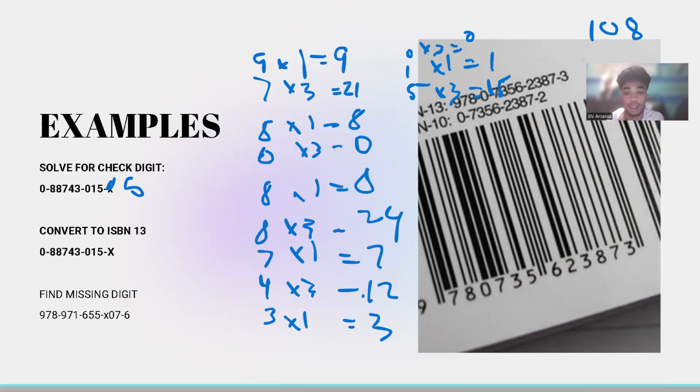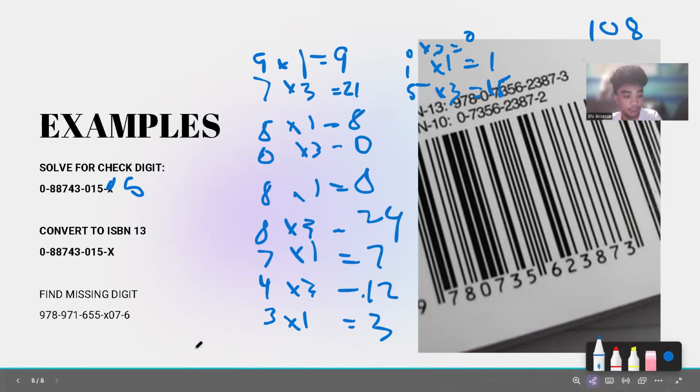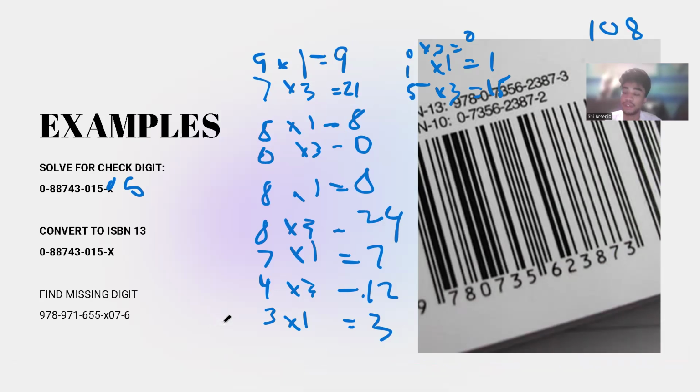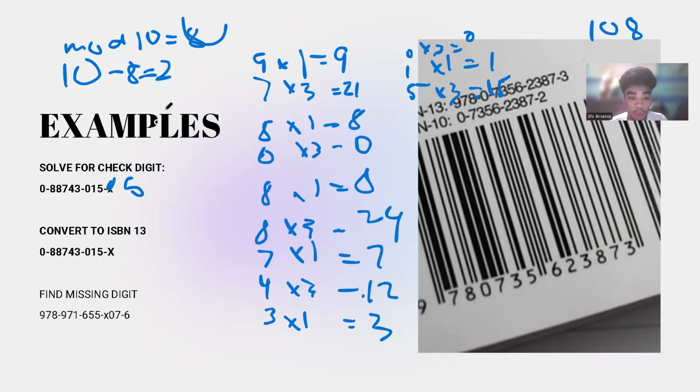We take the sum modulo 10, and 108 modulo 10 is 8. So we subtract this from 10. 10 minus 8 is 2.